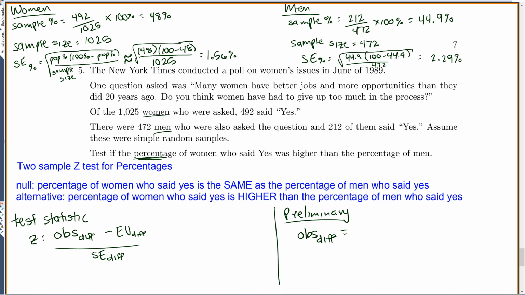Well, that's just the difference in your sample percentages. So make sure you do women first because we wrote women first. So our women percentage is 48% minus our men percentage of 44.9%, which gives me 3.1%.